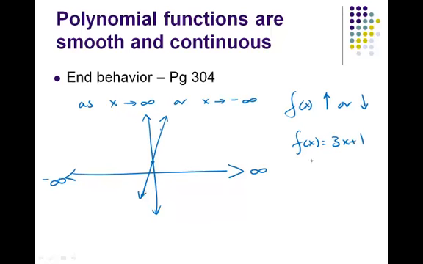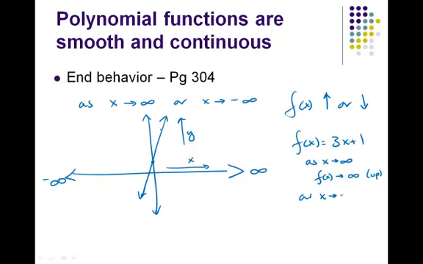So, for this linear function, as x goes towards infinity as we move to the right, f of x, the y value, goes up, which is also positive infinity. So as x moves towards the right, the y value goes up. As x goes towards infinity, y goes towards infinity.